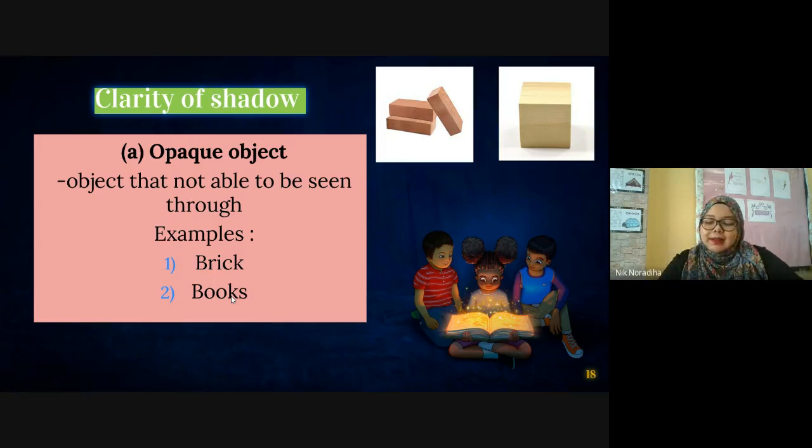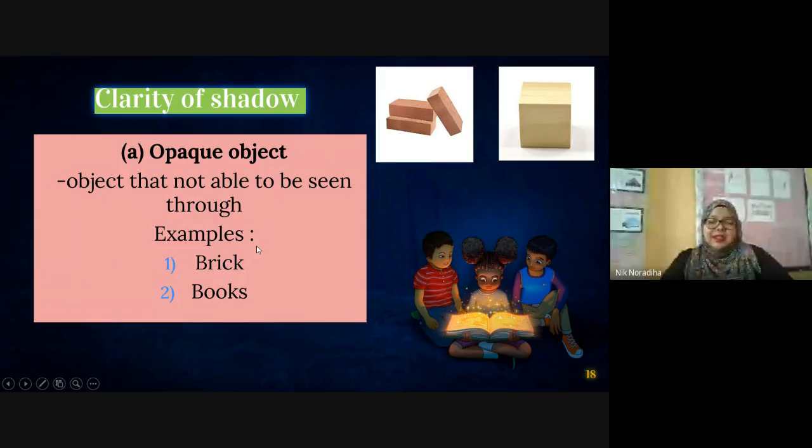Okay, now you can listen to my explanation first. Okay, so that day Afif mentioned about opaque object, right? So what is the meaning of opaque object? In case you already forgot, we already learned about this one, but now we are doing the revision.